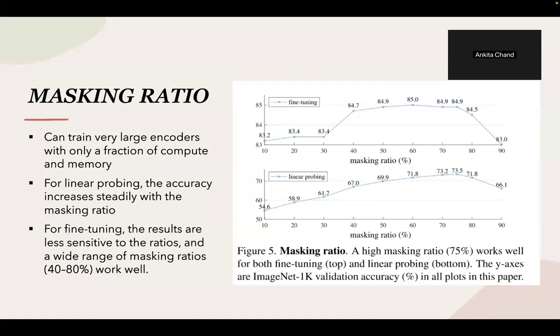On the left hand side, my y-axis represents the ImageNet 1K validation accuracy, and my x-axis is my masking ratio. So this analysis was done on the ImageNet 1K dataset.